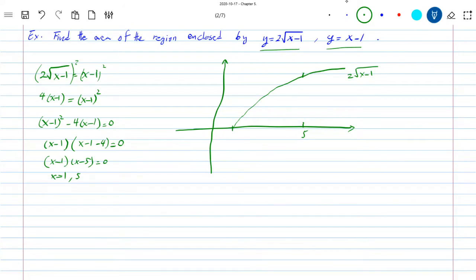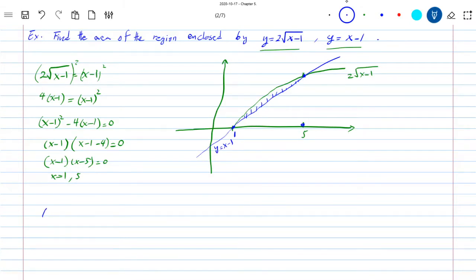That's how 2 square root of x looks like, shifted, and the other one is a straight line starting from 1. It kind of looks like this. This is y equal to x minus 1. And you notice this enclosed area. The endpoints are supposed to be at 5 and at 1. These are the two intersections. This is the only closed region between these two.